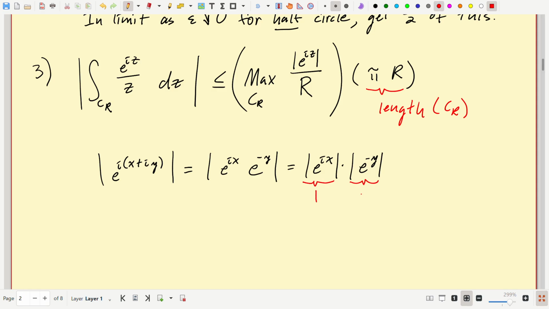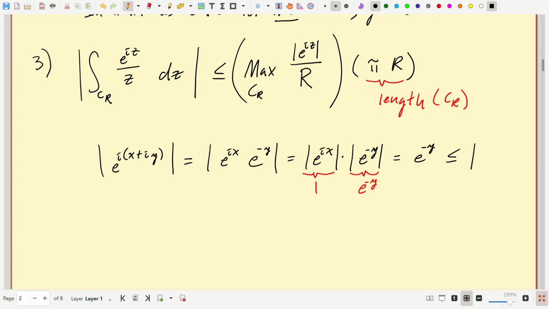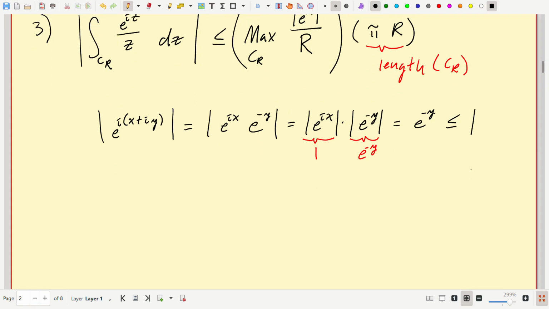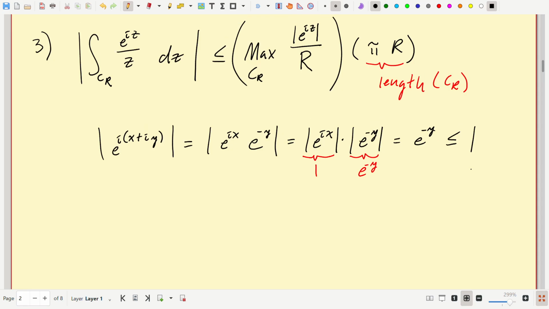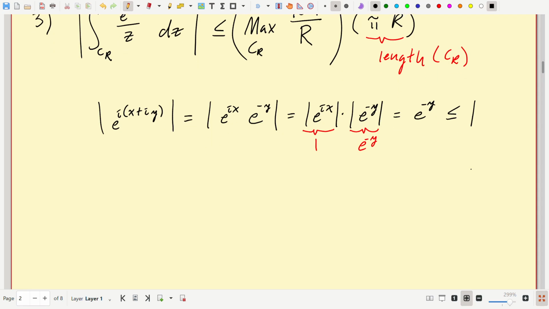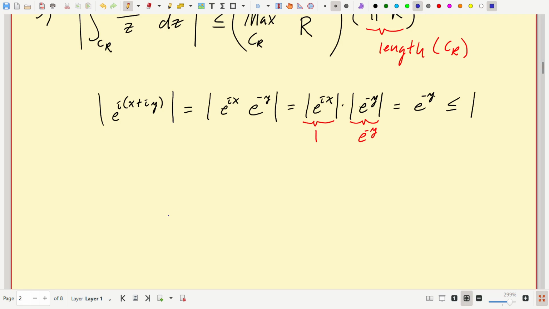This one, being a real number, positive, is e to the minus y. And that's less than or equal to 1, but annoyingly enough, its maximum is 1. So when it was enough just to get that it was bounded by 1, we could go places. But now, unfortunately, if you look at that outer curve, when y is equal to 0, we get that the modulus of e to the iz is equal to 1 at these red dots.